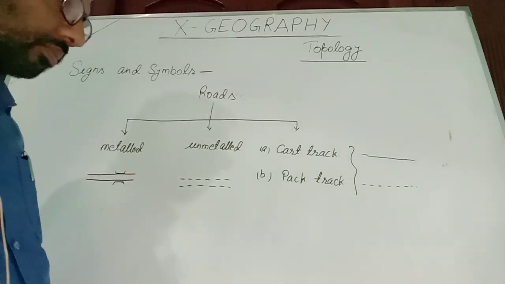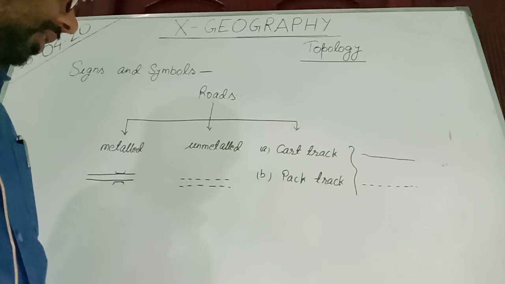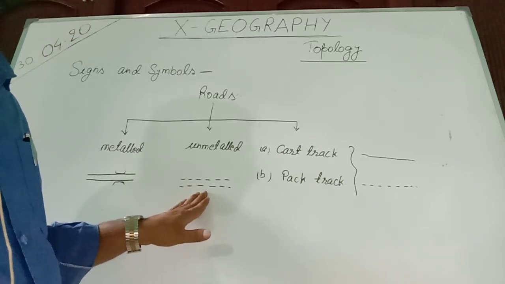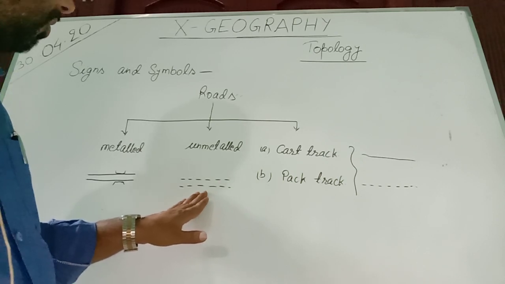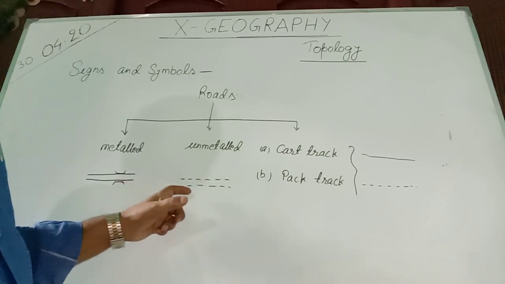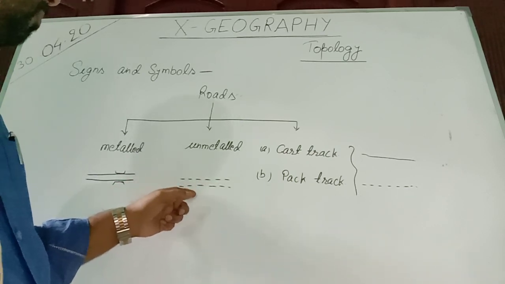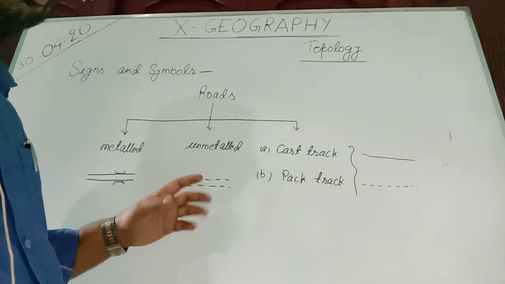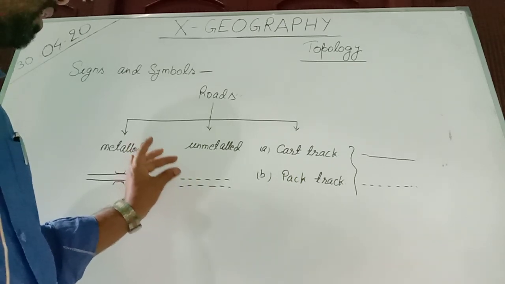Unmetalled road. This is a solid paved surface, but too many heavy vehicles can't go on this road. Actually, this is the narrow road.